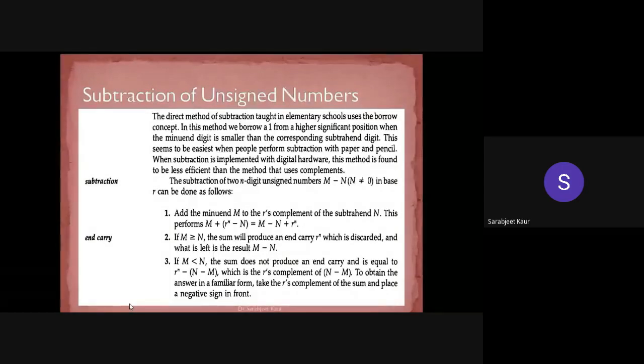So we don't need two different circuits and we can perform the subtraction as easily as we can perform the addition.